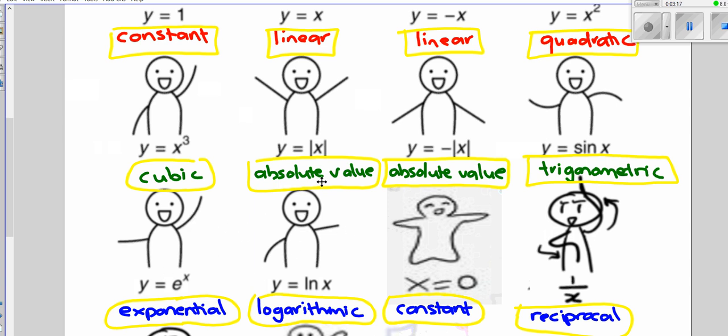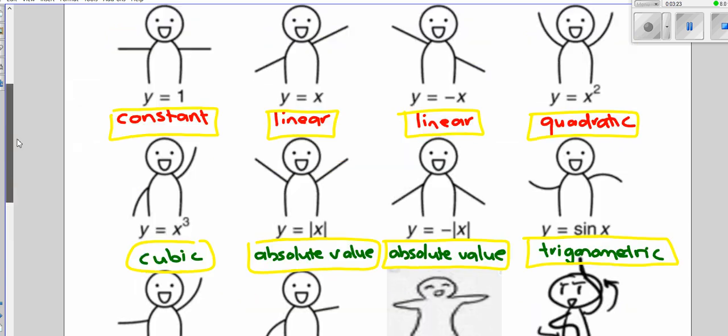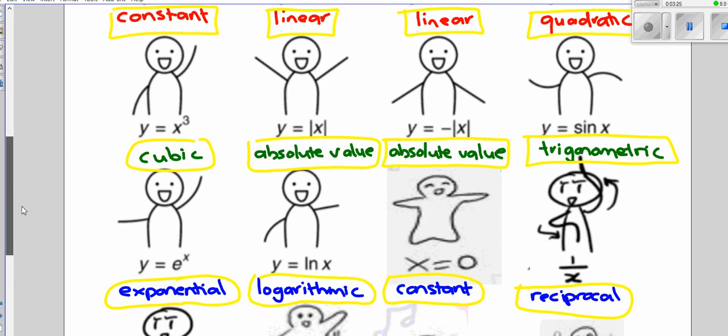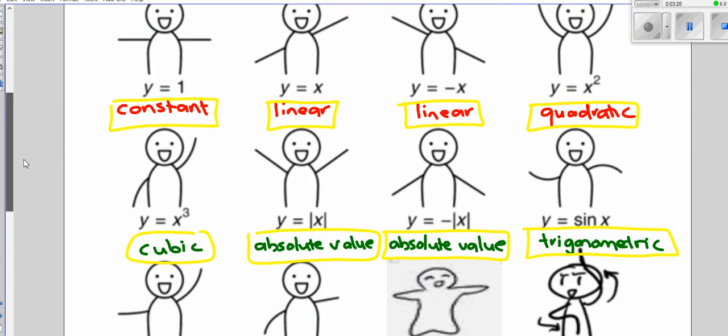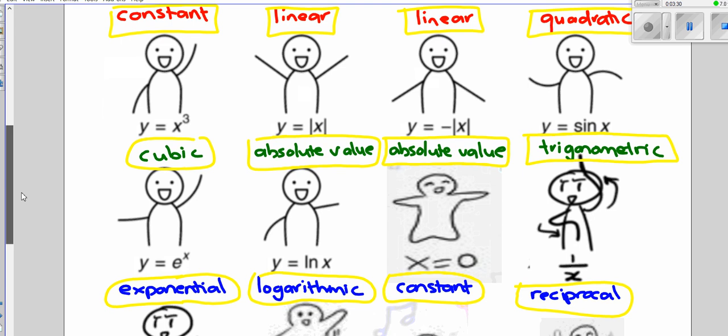Next one, this was meant to be a constant, similar to the one above, but that one was y equals 1. This one is x is 0, so instead of being like this, it should be going upwards. It would be a vertical line if it was x is 0. So let's just fix that.